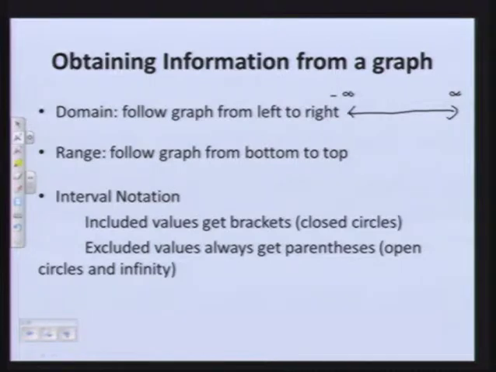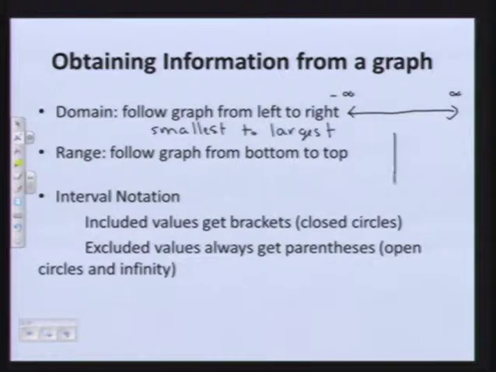You always want to get your values in interval notation going smallest to largest. That's going to be true for domain or for the range. So we're going to look from left to right so that we always have that flow going from the smallest to the largest. For range, we want to follow the graph from the bottom to the top.